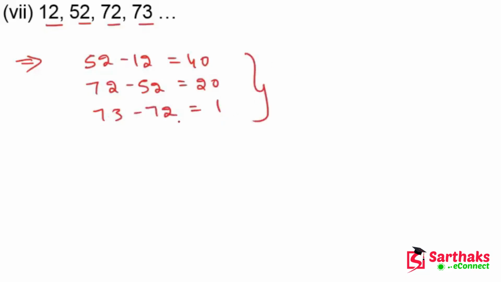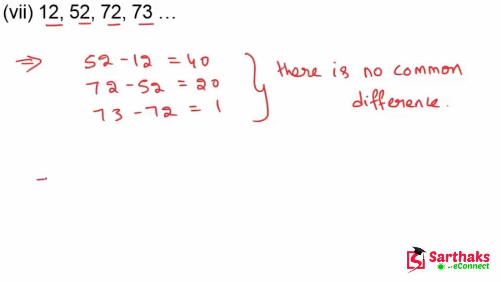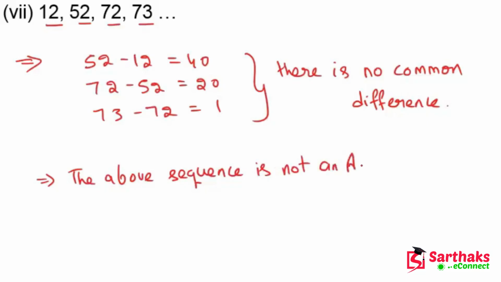So my dear friends, according to this, there is no common difference. So we can say that the above sequence is not an AP. I hope you understand these things.